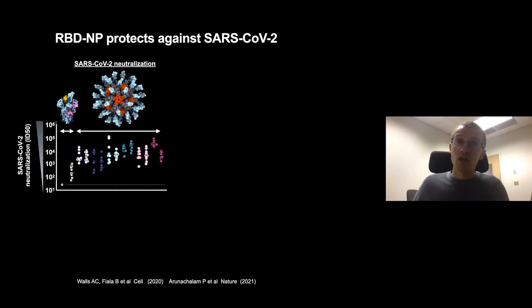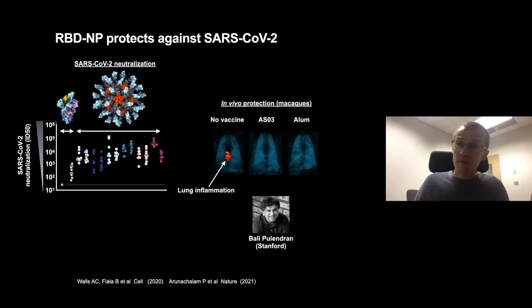And in a large non-human primate study, in collaboration with Bali Pulendran at Stanford, we showed that our nanoparticles formulated with multiple clinical adjuvants were protective against SARS-CoV-2 challenge, against viral replication in the upper and lower respiratory tract, as well as against signs of disease in the lungs, as shown on these PET scans, as opposed to the no vaccine control.